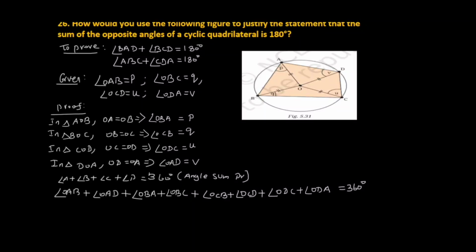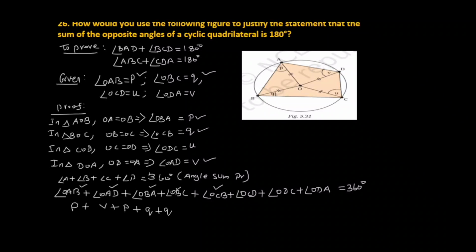Now look here: OAB is P, so replace with P. And OAD is V, so replace with V. OBA is P, replace P. Then OBC is Q, replace Q. OCB is Q, replace.